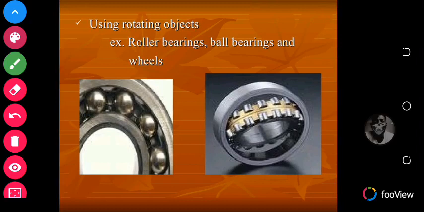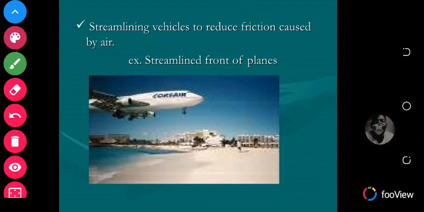3. Using rotating objects: roller bearings, ball bearings, and wheels. So roller bearings, ball bearings, and wheels are devices that have been put in place to reduce friction because of their movements. 4. Streamline vehicles to reduce friction caused by air.